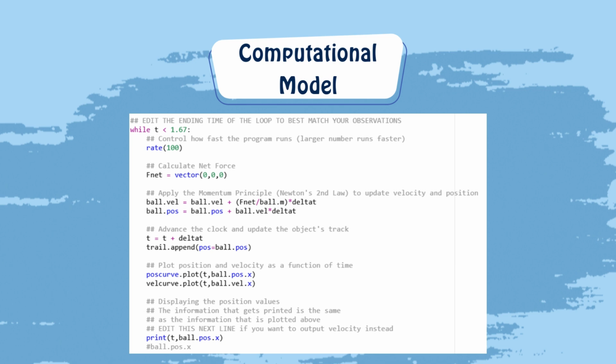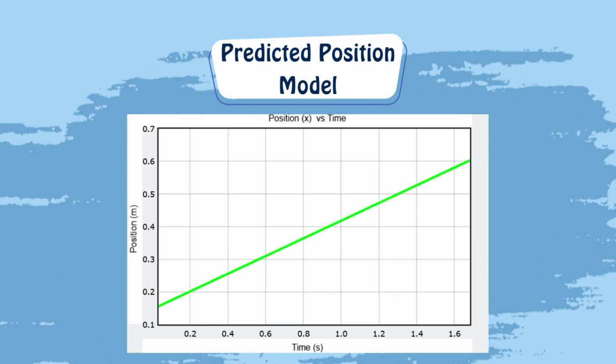And then I plugged that final velocity into the position update formula. And overall, I created a graph that has the position over time, which is shown with this. And since it is linear and increasing, it is just showing that there was a constant velocity over time. There was a consistent change in position throughout the video.